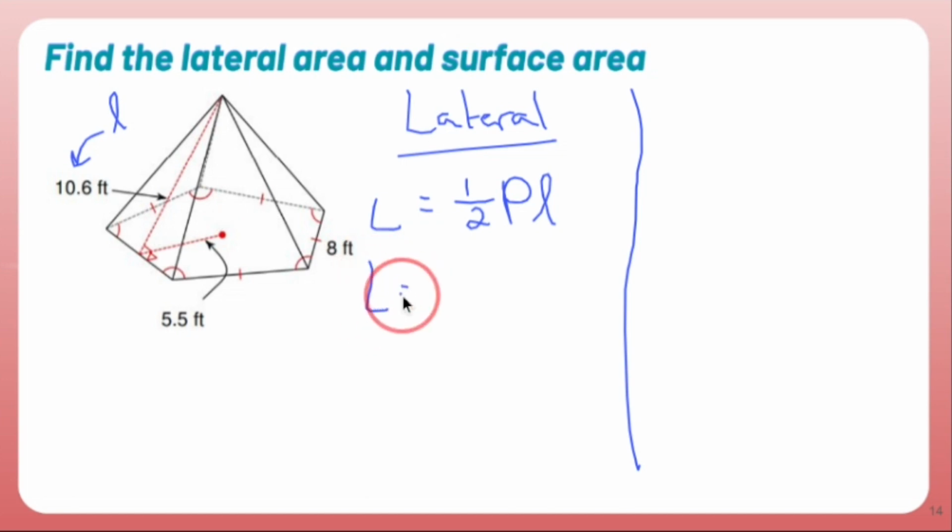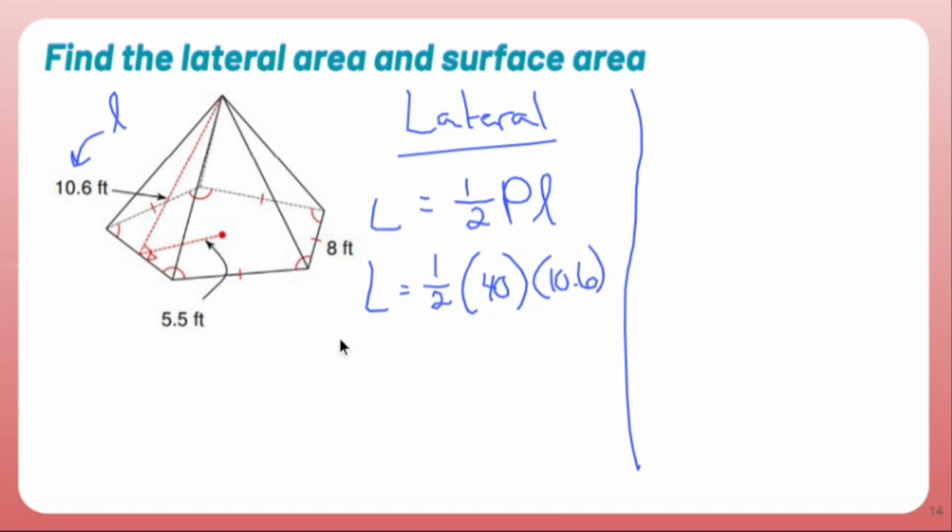So let's plug in what we have. 1/2 is 1/2. The perimeter: so this is a pentagonal base, each side is 8 feet, so the perimeter is going to be 8 times 5, which is 40. The slant height is 10.6.